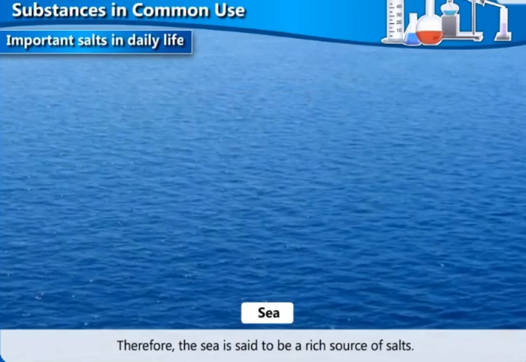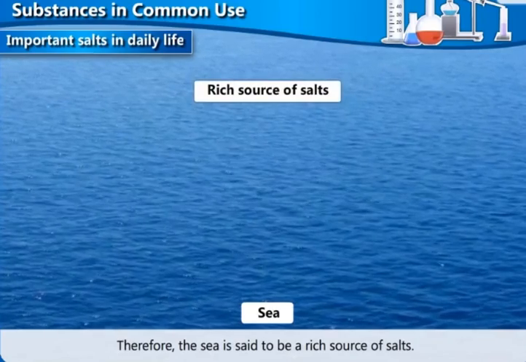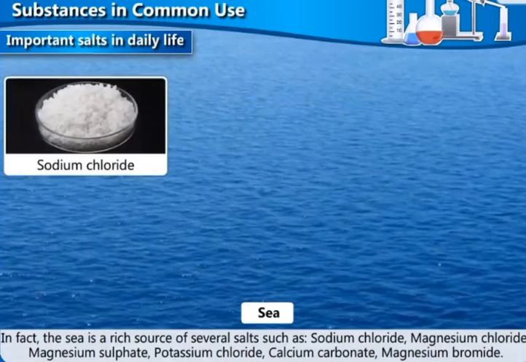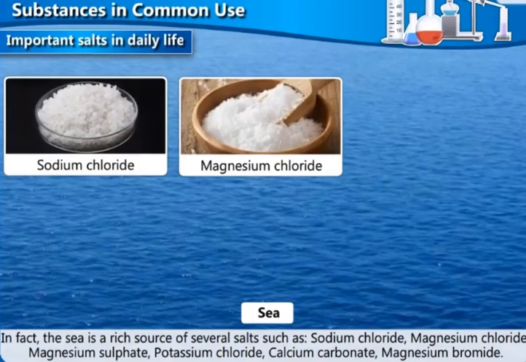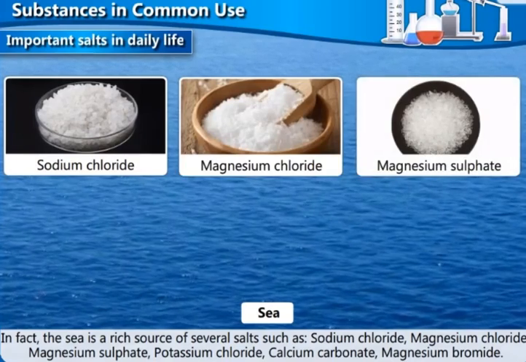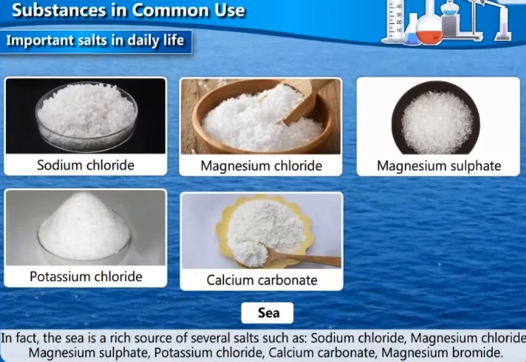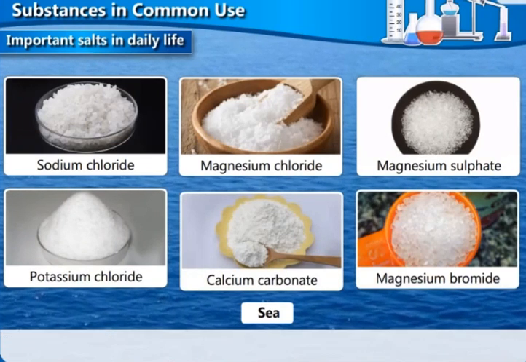Therefore, the sea is said to be a rich source of salts. In fact, the sea is a rich source of several salts such as sodium chloride, magnesium chloride, magnesium sulfate, potassium chloride, calcium carbonate, magnesium bromide.